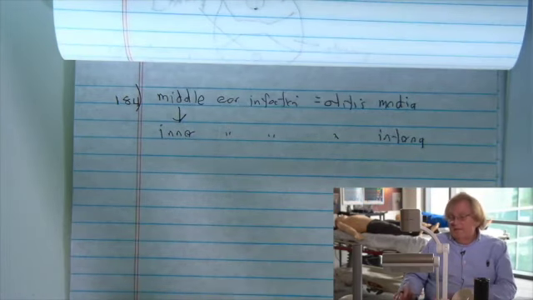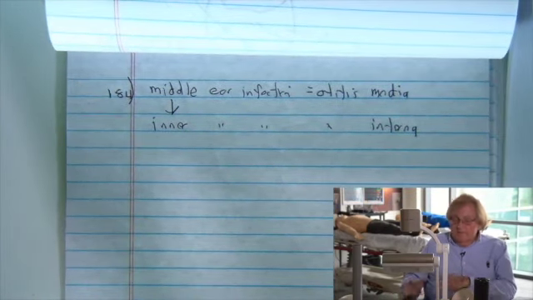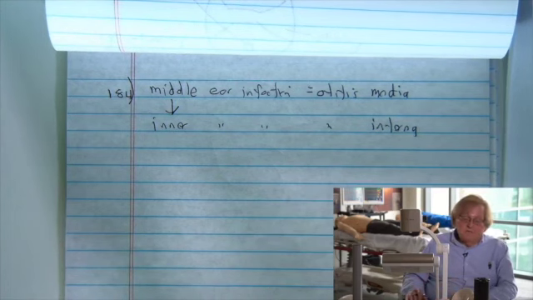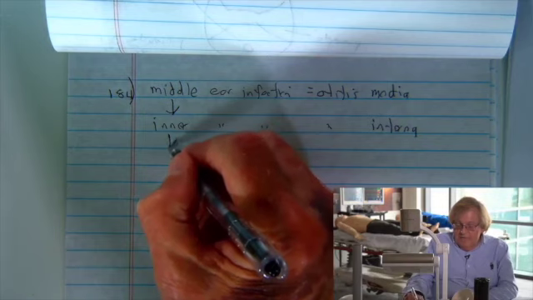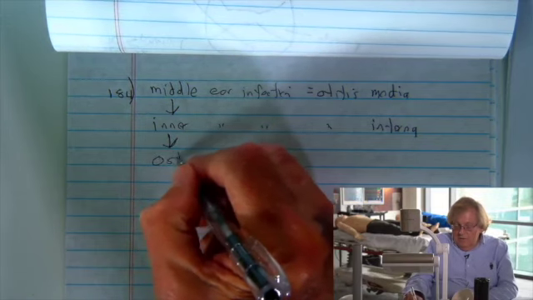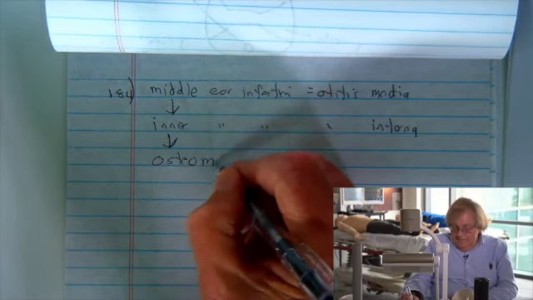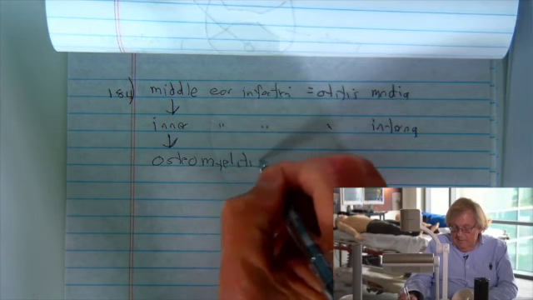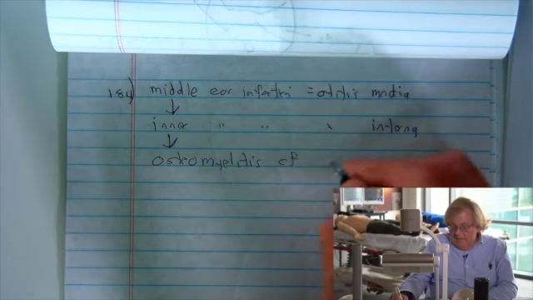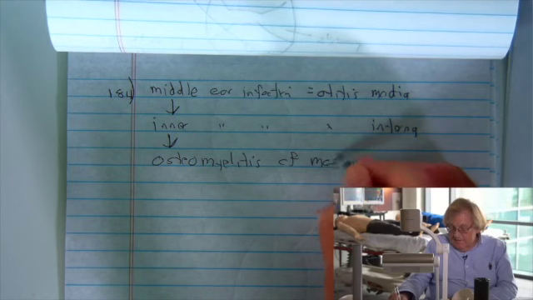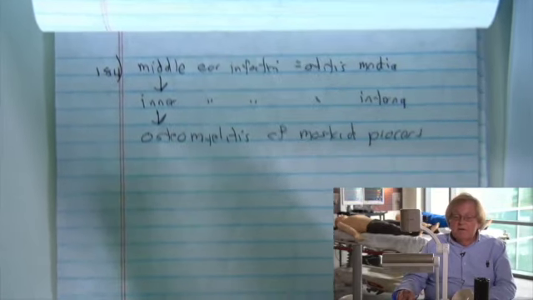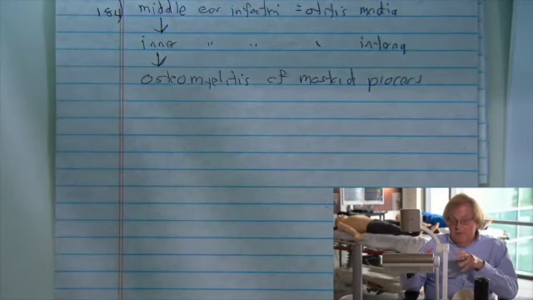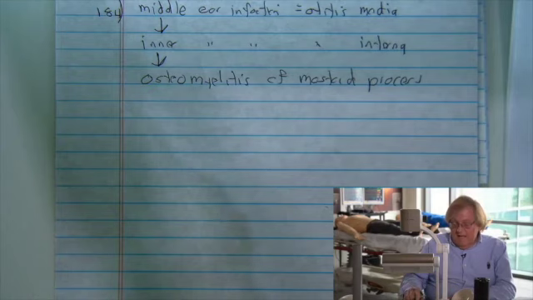Once you're inside, the inner ear is covered by the mastoid process of the temporal bone, so that leads to osteomyelitis of the mastoid process. So that's a bone infection of the bone surrounding the brain.